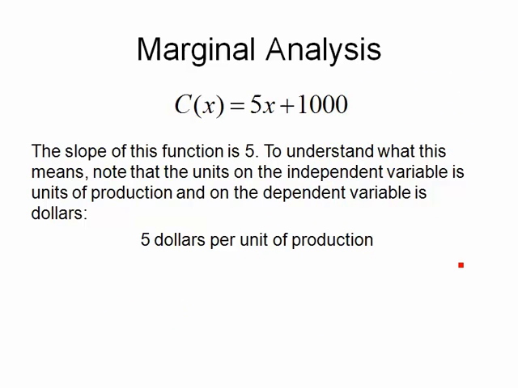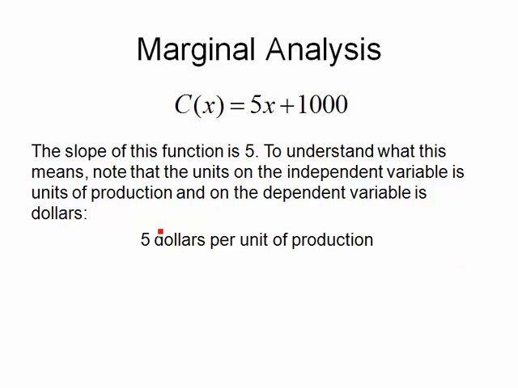So if we have our C of x, the slope of this function is 5, and to understand what this means, we need to notice that the independent variable has units of production on the x, and the dependent variable is in dollars. Since we're computing a slope, the units are going to be the units of the rise, which is dollars, over the units of run, which is production.